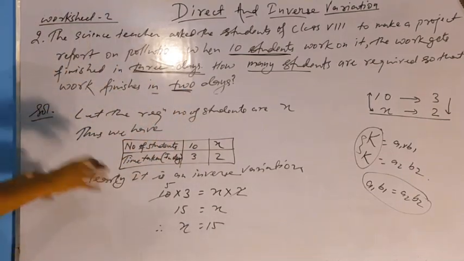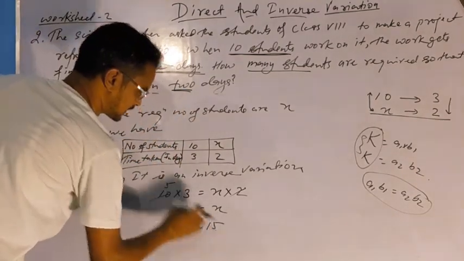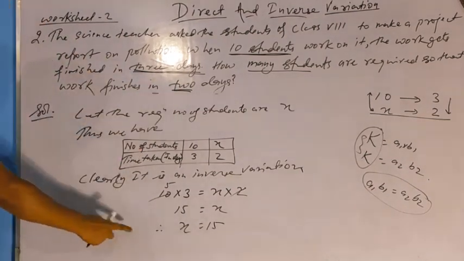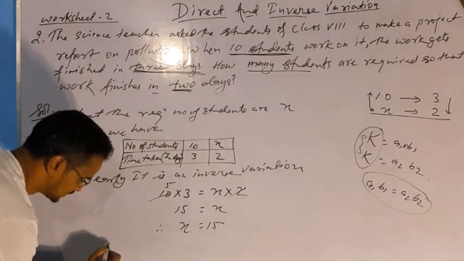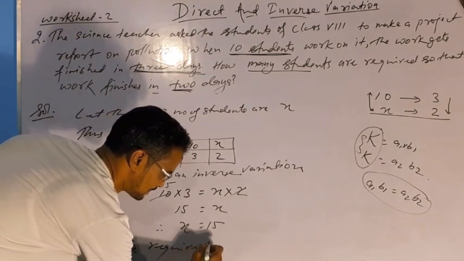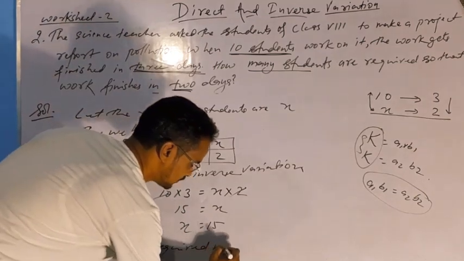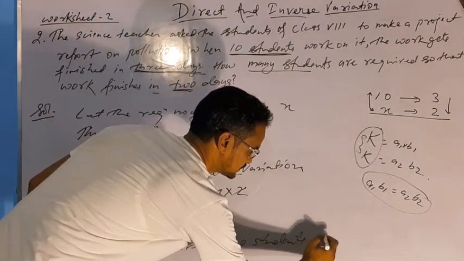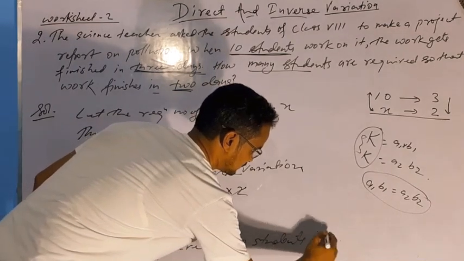So 15 students can complete that work in 2 days. We have to write it in statement form also. Therefore, the required number of students is equal to 15.